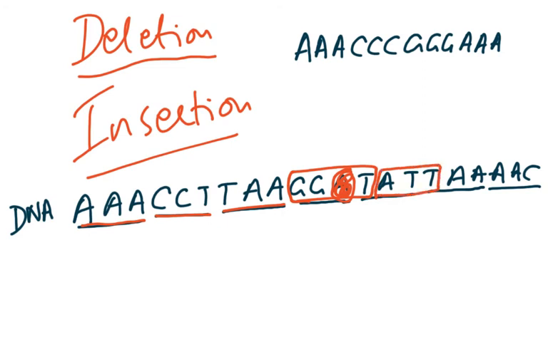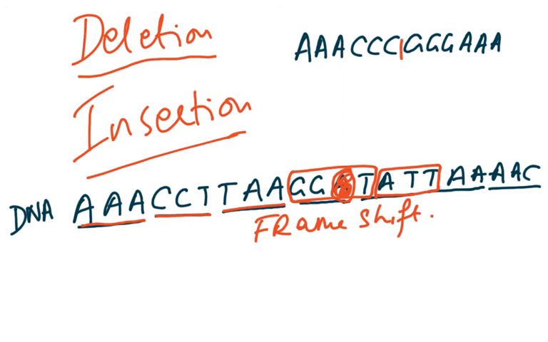Now this is called a frame shift, just like the frame of a photograph. So in a deletion, a frame shift takes place. Now similarly, in an insertion, we have another problem, because a new base is inserted somewhere here.